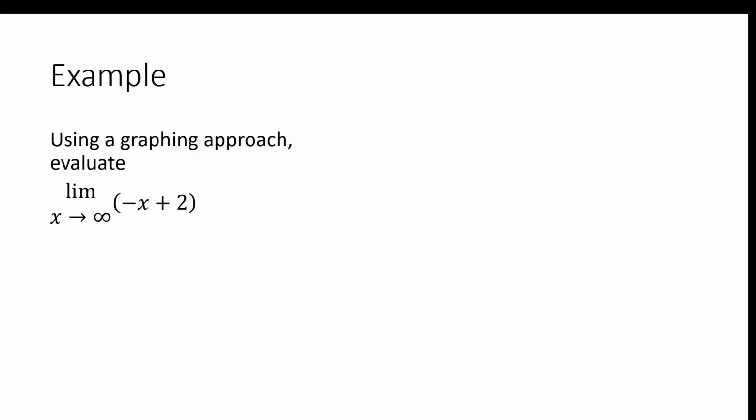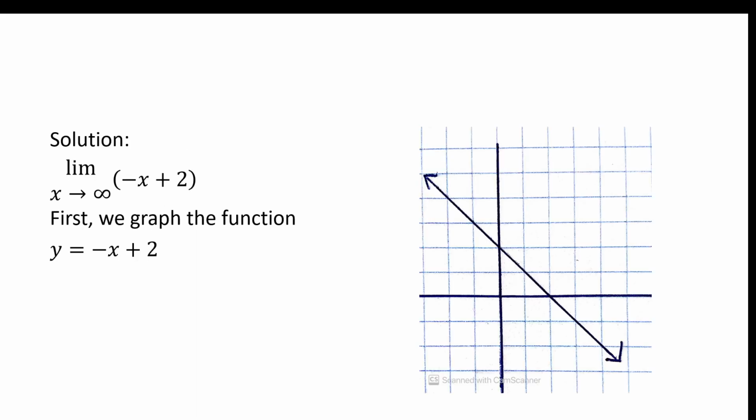So let's say we wanted to use a graphing approach and evaluate the limit that you see there. First thing we would do is graph the function, y equals negative x plus 2. And then we would say, where is y going as x goes to positive infinity? Well, we can sort of tell intuitively we can only be approaching this from one direction. There's no way we can do two one-sided limits here.